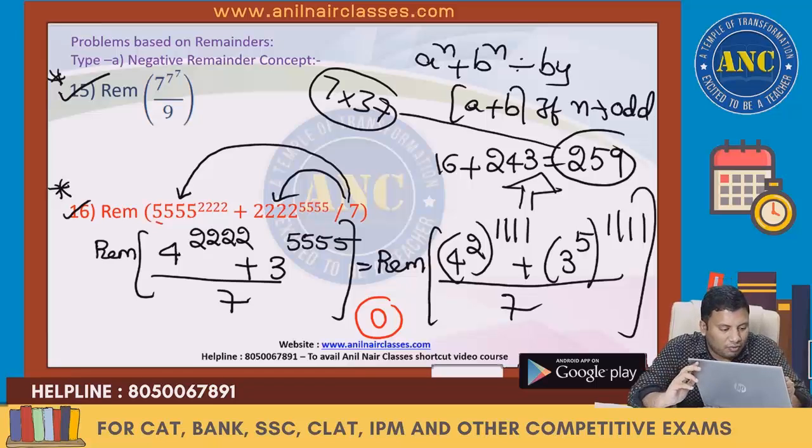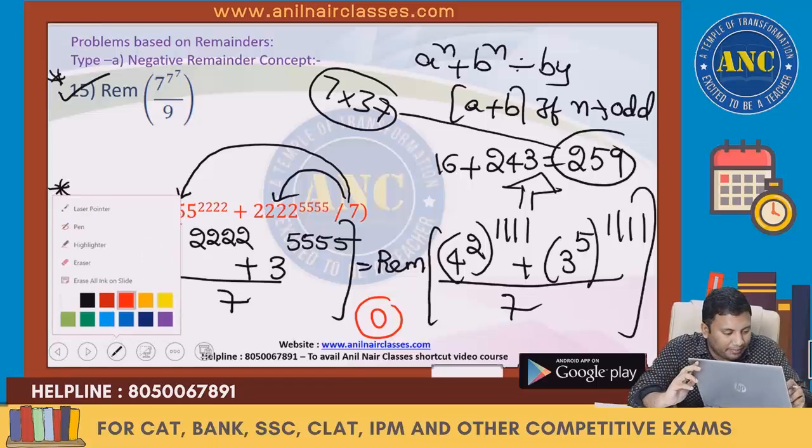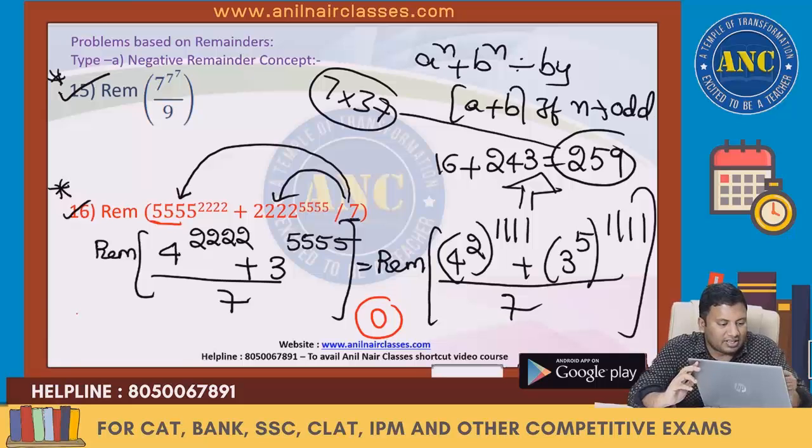Again I am explaining. 4 5s divided by 7. 7 sevens are 49, 65, 7 nines are 63, 25, 7 threes are 21, so this is 4.